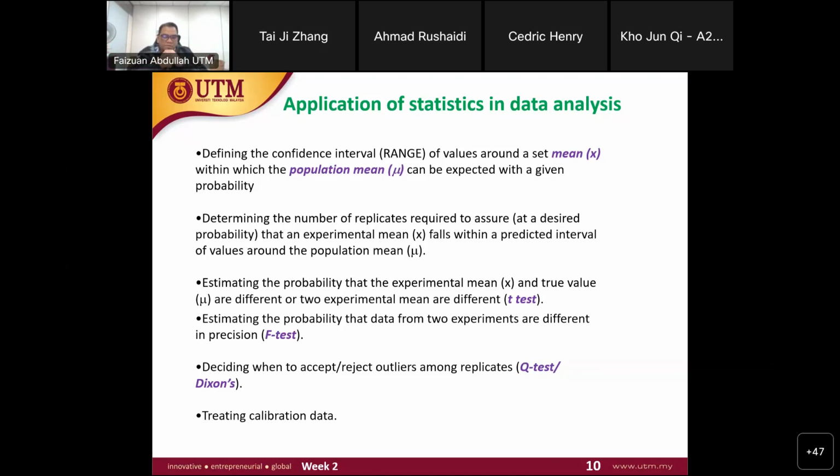And deciding when to accept or reject outliers among replicates: we have a result of analysis, and most of the results are close to each other, precise, but one of the results is an outlier, different from all the others. Then we want to decide whether to accept or reject the outlier among the replicates. So we do the Q-test.